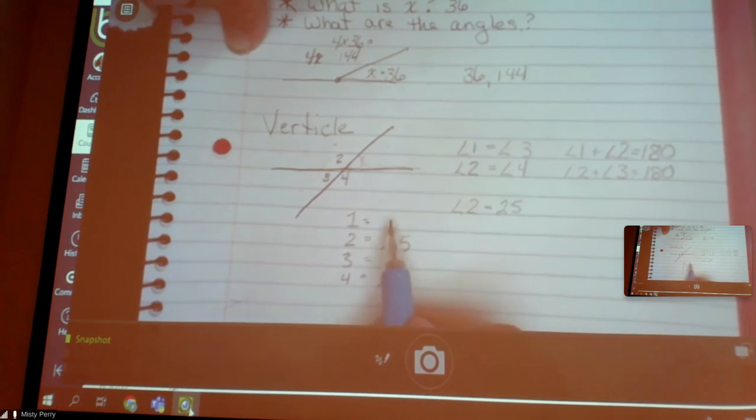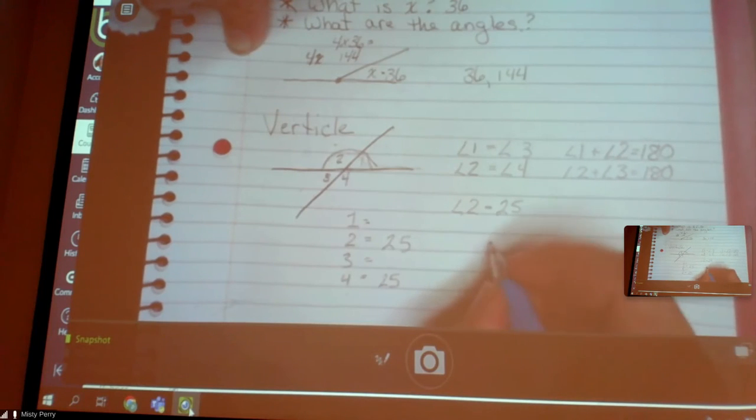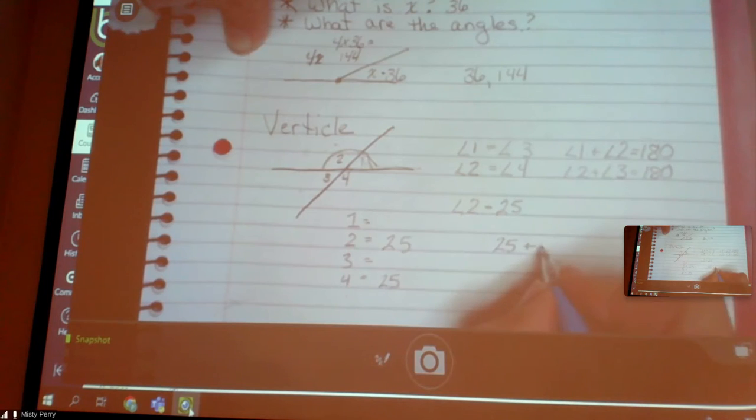So how do I figure out what 1 and 3 are? Okay. 1 and 2 are supplementary. So I'm going to go 25 plus whatever 1 is. I'm going to make it an x. I know that's going to equal 180.